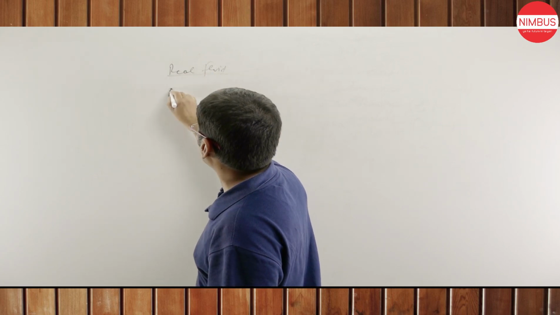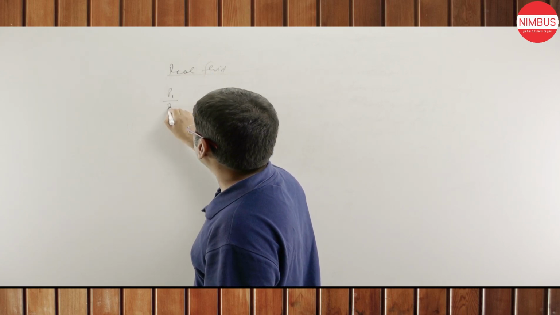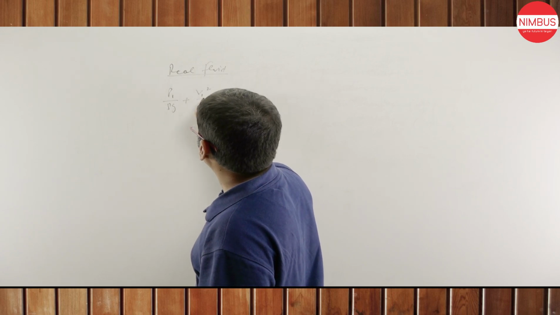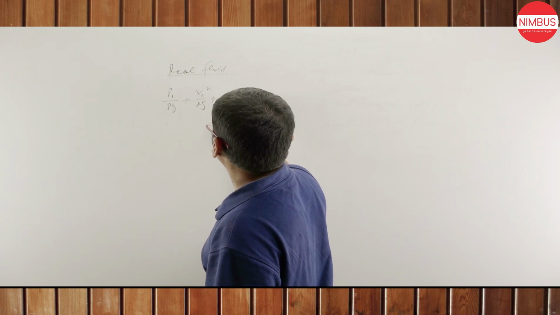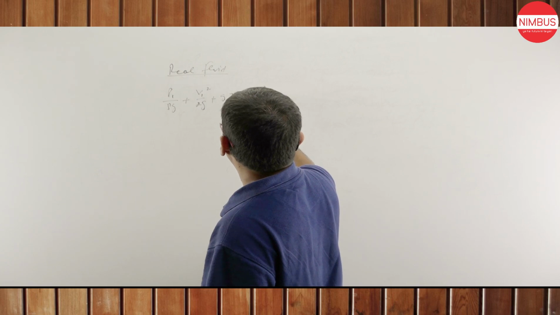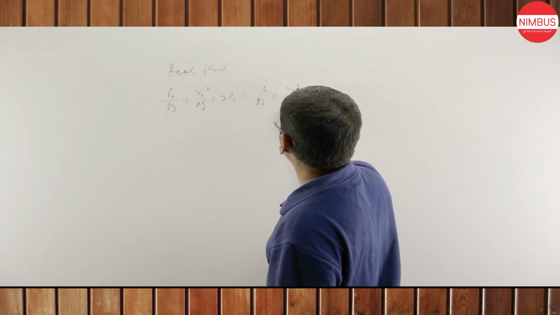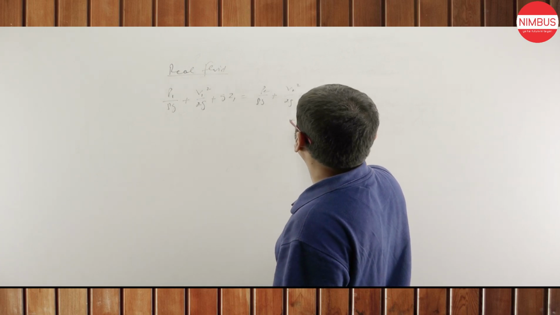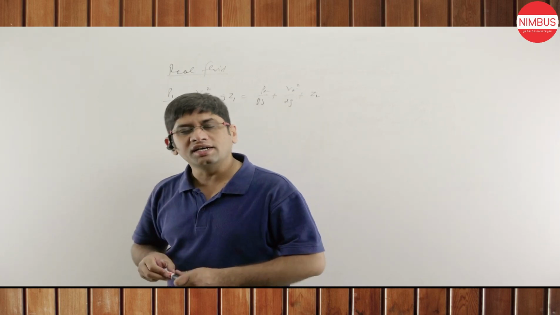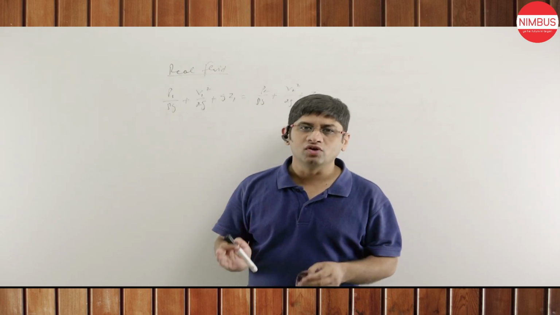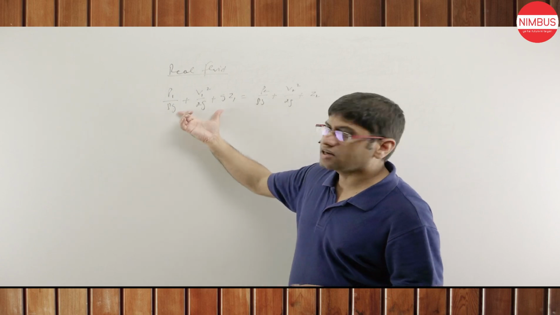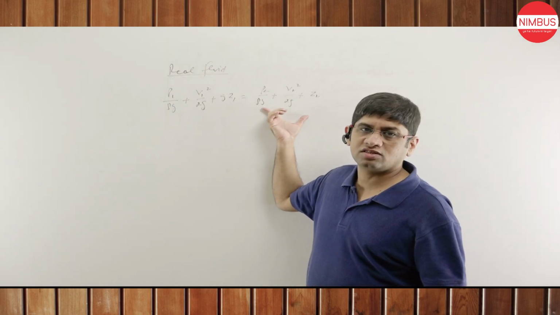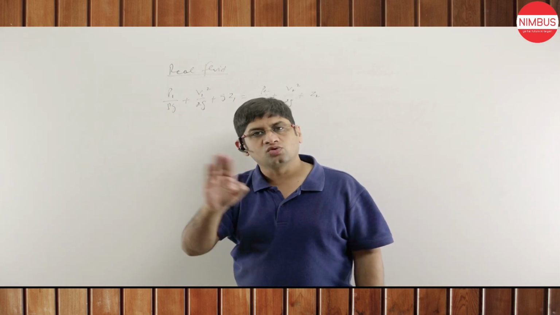Bernoulli equation for real fluids: P1 by rho G plus V1 square by 2G plus Z1 is equal to P2 by rho G plus V2 square by 2G plus Z2. This is the equation written for ideal fluids. When we say all these three energy terms are equal to all these three energy terms at 2 points, there is no energy loss.